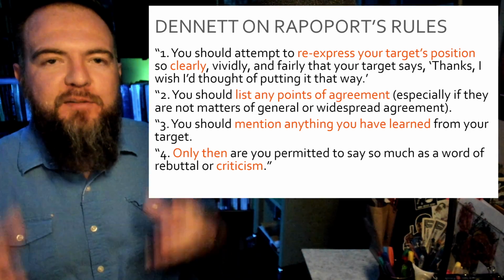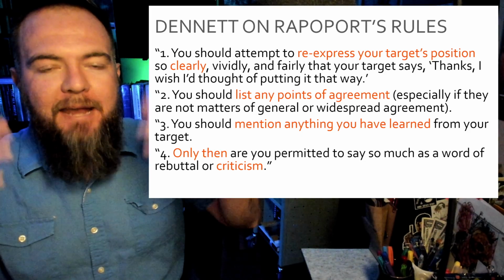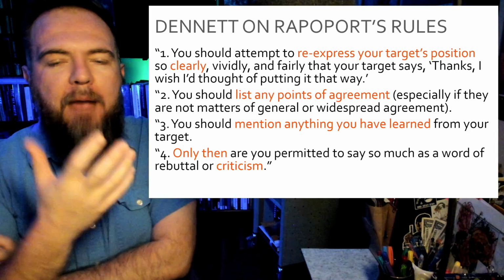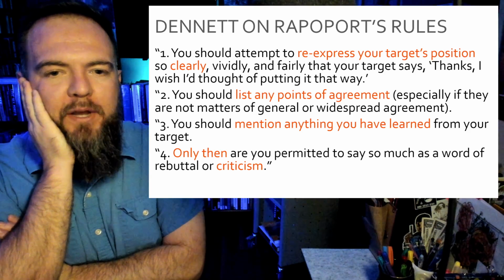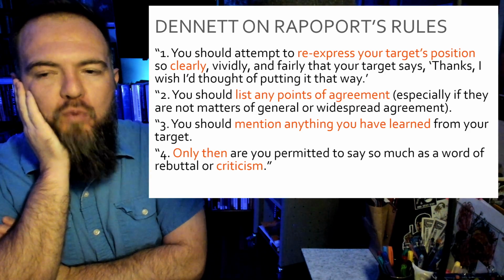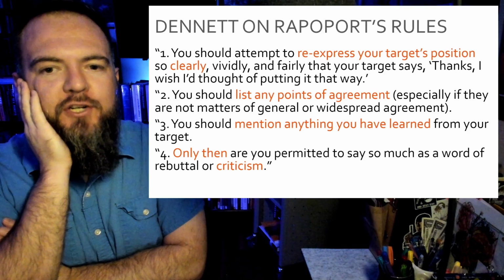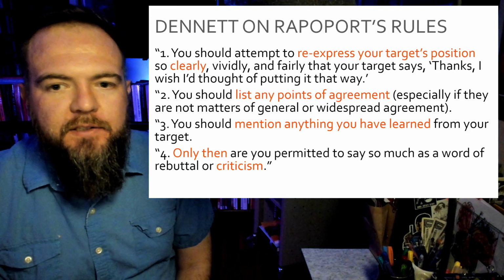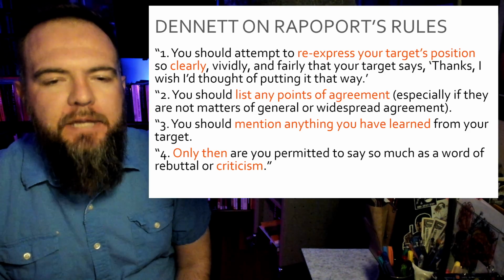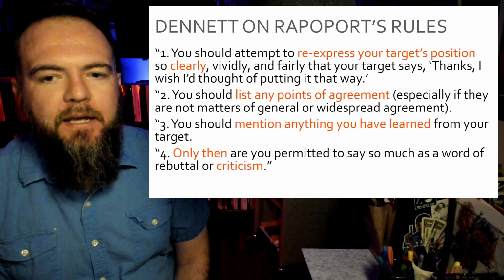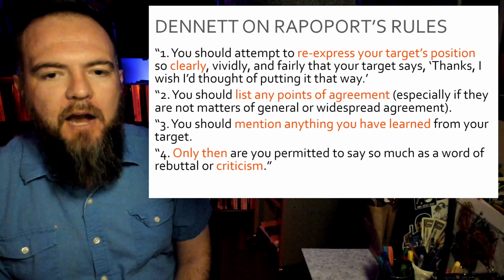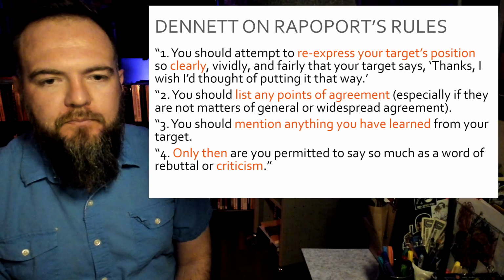You're not just dealing with the words; we're trying to remember that arguments are made by arguers. And Rappaport has these four rules for when you should criticize. Rule number one: you should attempt to re-express your target's position so clearly, vividly, and fairly that your target says, "Thanks, I wish I'd thought of putting it that way."